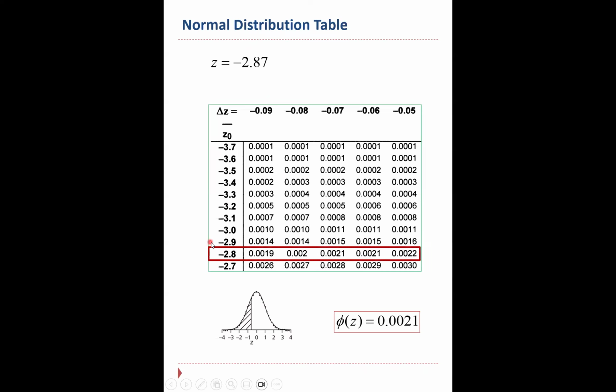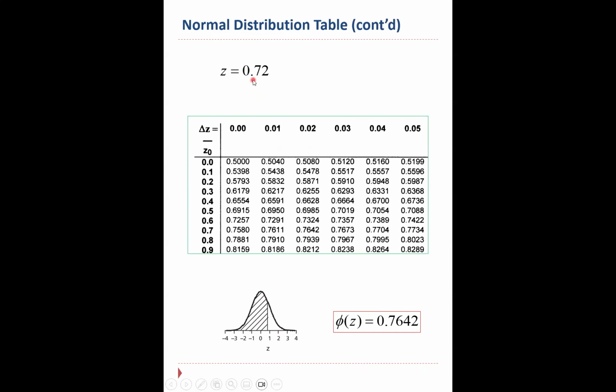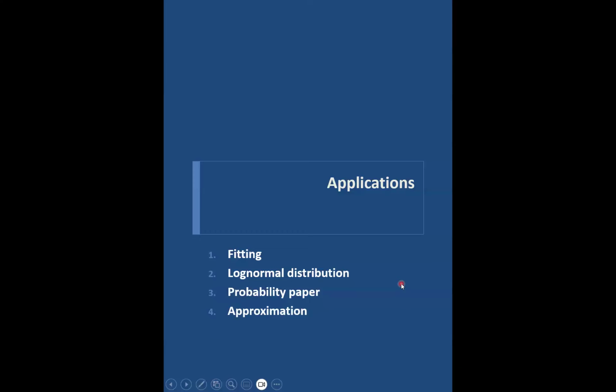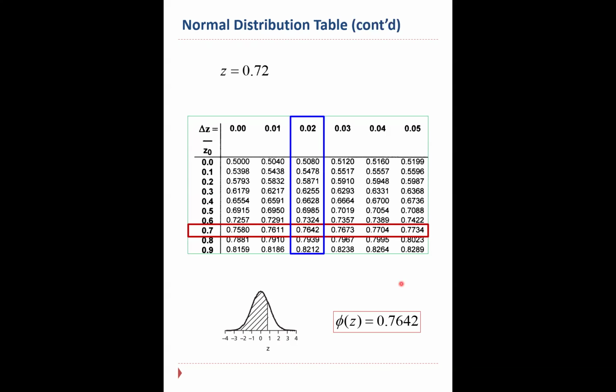I will trace from this line minus 2.8, and then from here the increment to the second decimal value, minus 0.07. So the required probability value is 0.0021. Similarly, if we look for the value 0.72, so 0.7 and 0.02, the value is 0.7642.